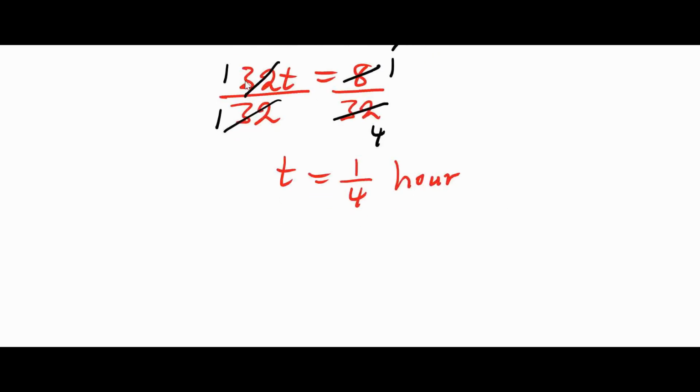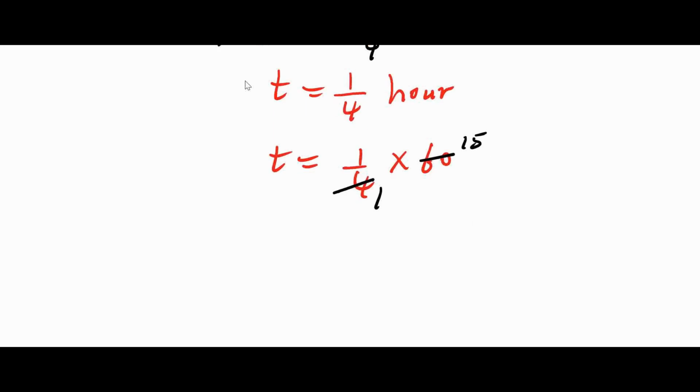And if we decide to change this to minutes, then t will be equal to 1/4 times 60, and 4 divided by 4 is 1, and 60 divided by 4 is 15. That means t is equal to 15 minutes.